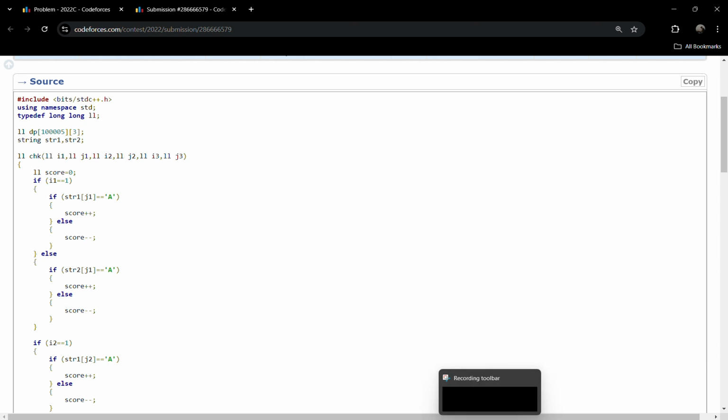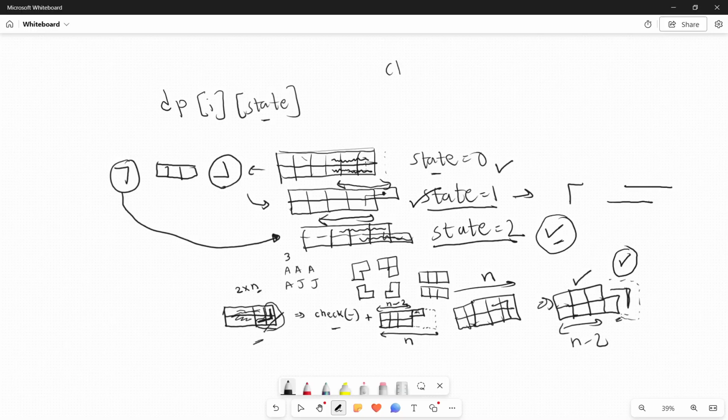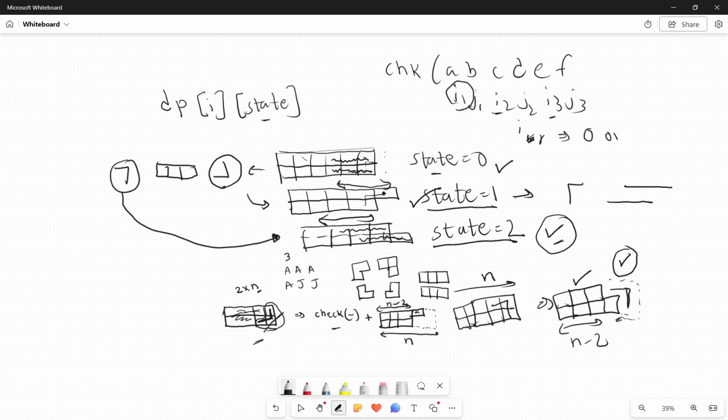Suppose the check function is written taking 6 arguments a, b, c, d, e, f, or you can take i1, j1, i2, j2, and i3, j3, where i1, i2 or i3 are 0 or 1, signaling that if it is 0, the cell is from the upper half of the grid, and if it is equal to 1, it is from the lower half of the grid.